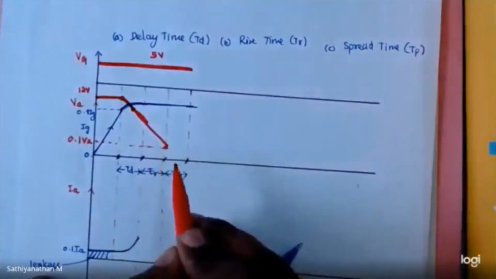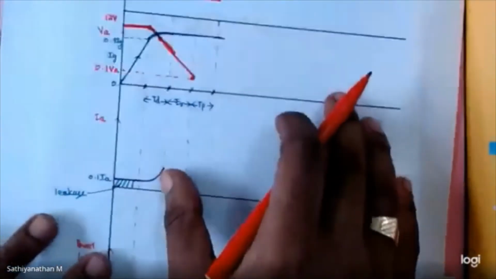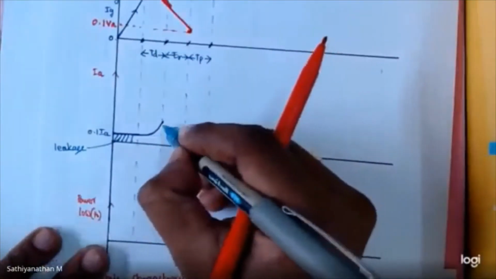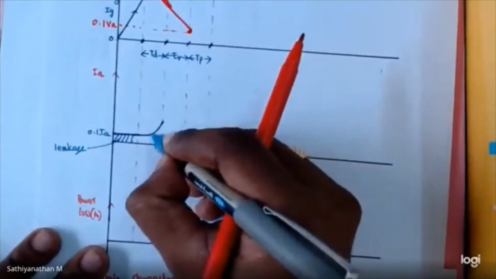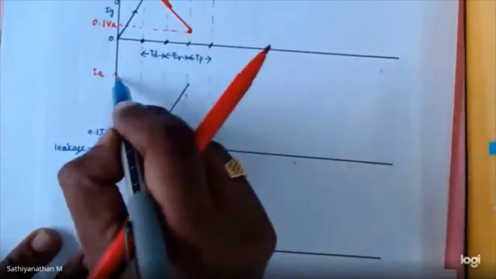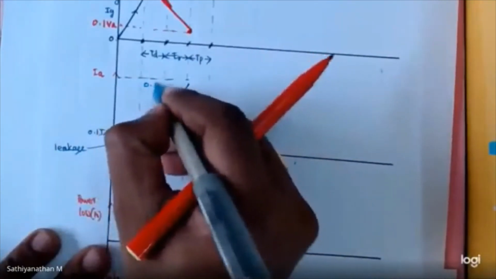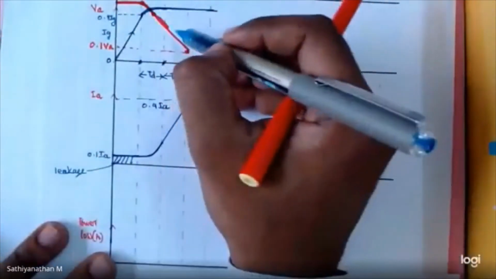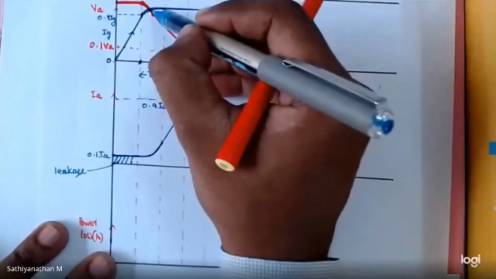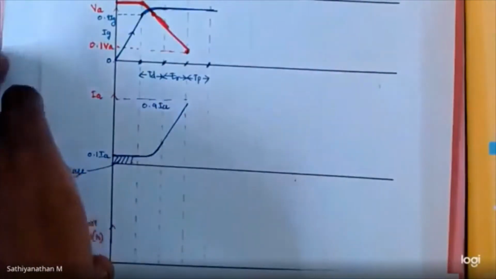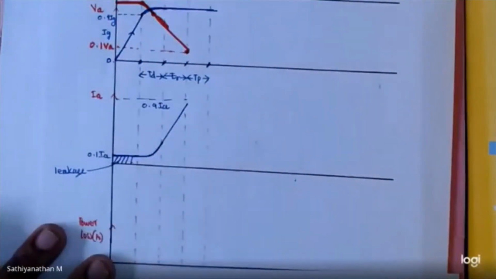So during rise time of the device, your anode current increases from 0.1 to the maximum, that is 90% of your anode current, and your anode voltage falls from 90% to 10%.